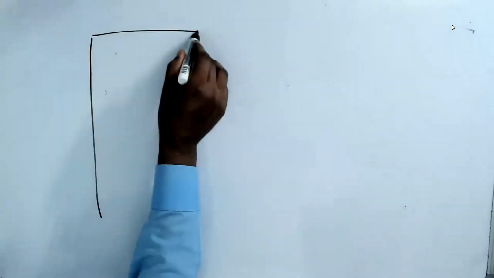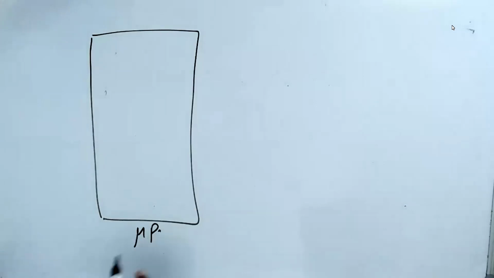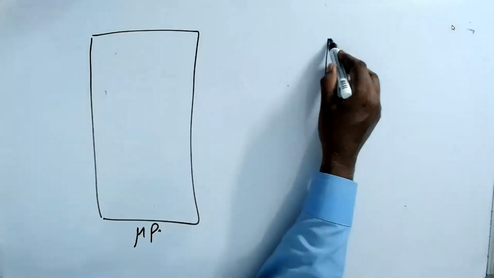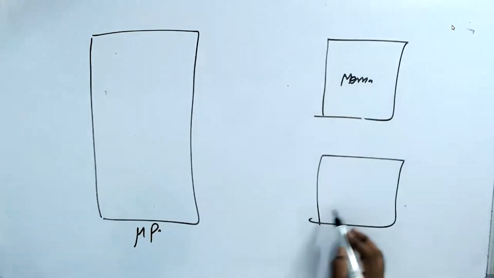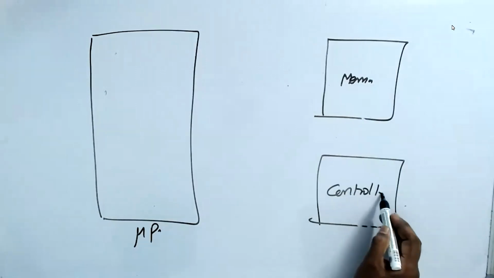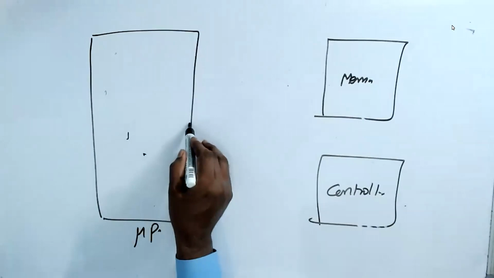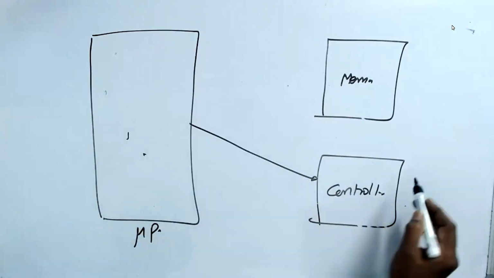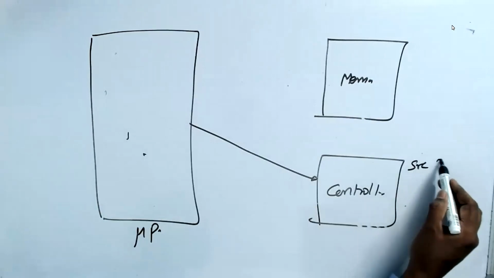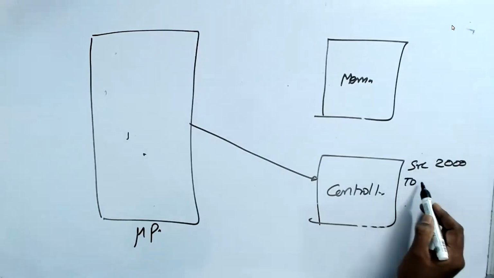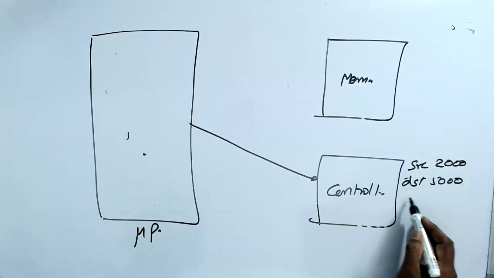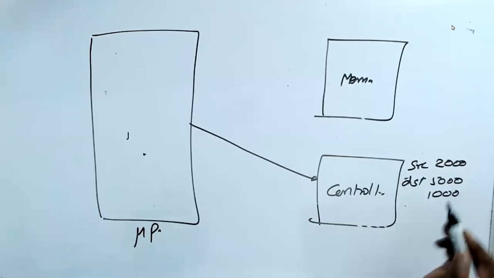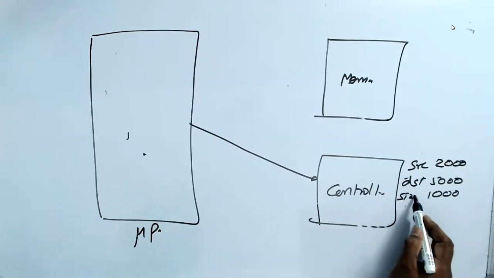Now you understand. I have a processor. This microprocessor has a memory. And there is a controller. This microprocessor tells the controller, hey, from source 2000 to destination 5000, copy 1000 locations, size 1000 bytes.